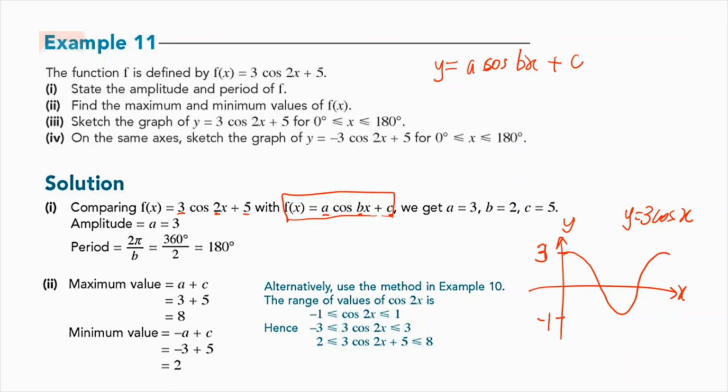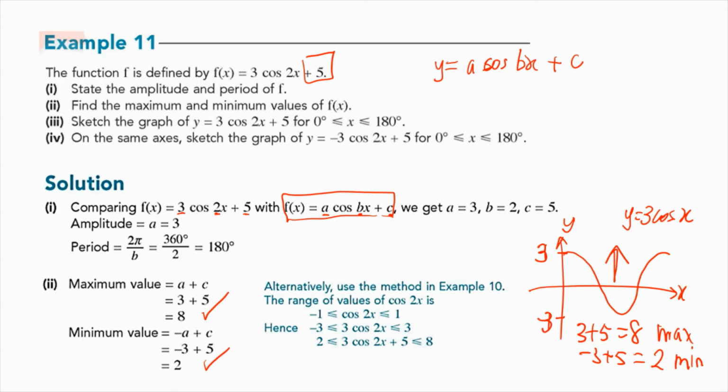This one will be 3 and this one will be -3. Then we have to add 5 units, so the whole thing will shift upwards. 3 plus 5 is 8, and -3 plus 5 is 2. So the maximum is 8 and the minimum value is 2. That's how we can get the answer.